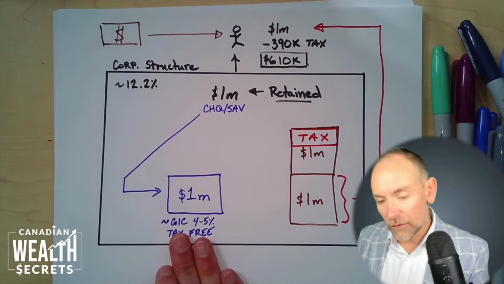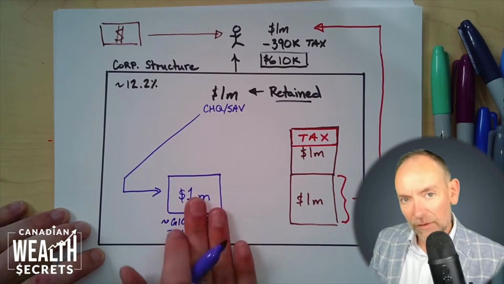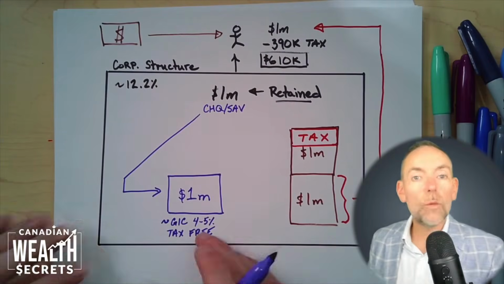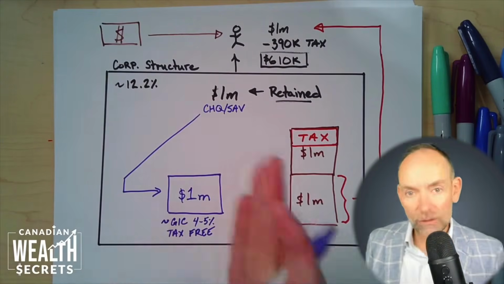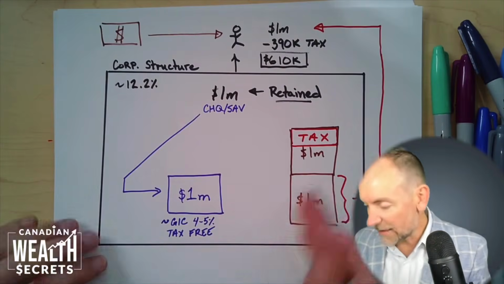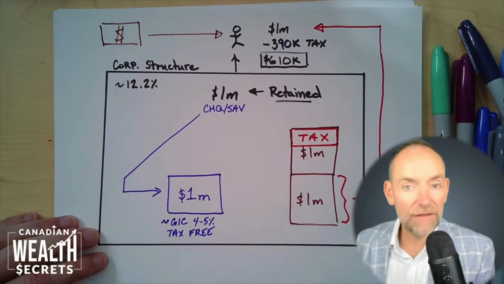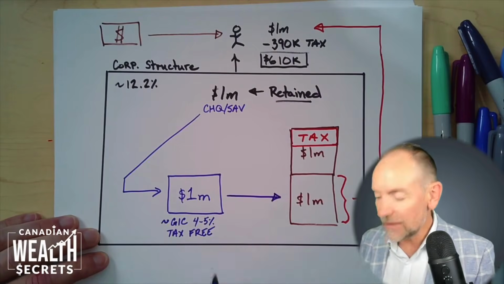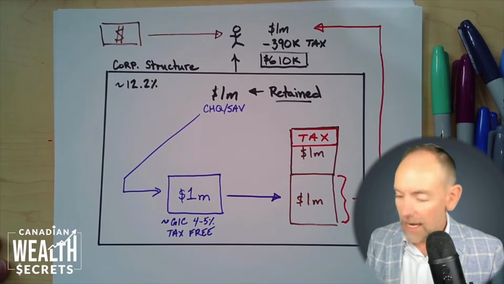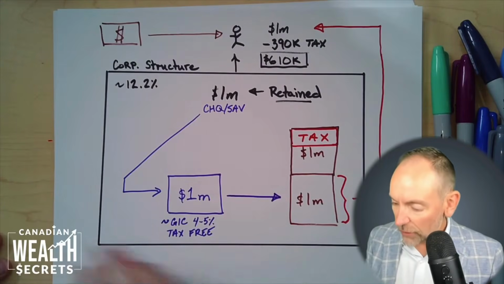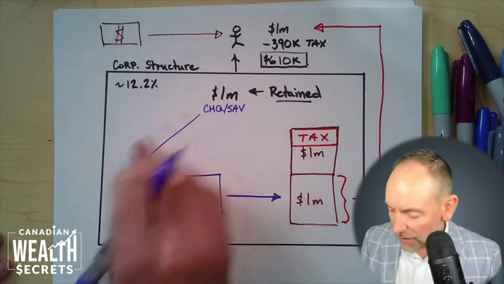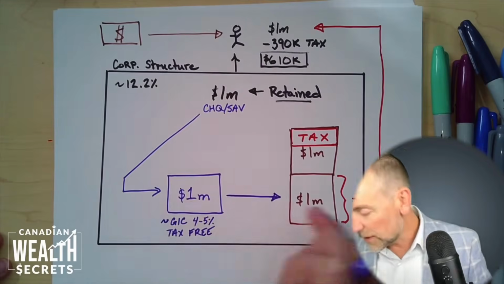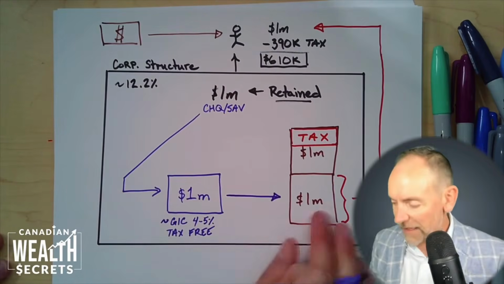What we then do is we actually utilize this capital in order to do whatever it was that we were going to do anyway. So in this case, if you were the person that was putting it into investments, we'll still do the same thing. We'll take that money and put it into investments. Now I'm speaking in general terms here. So we have $1 million going in and we have $1 million going into this investment over here.